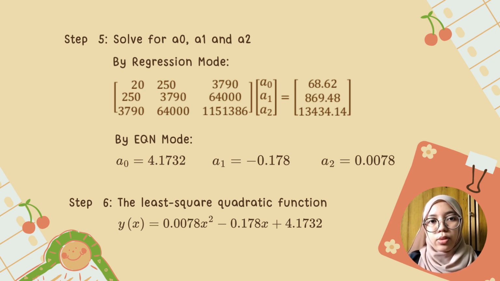Lastly, step 6, we write the least square quadratic function by substituting the values of a0, a1 and a2 into the polynomial function. Then we get y(x) equal to 0.0078x squared minus 0.178x plus 4.1732.